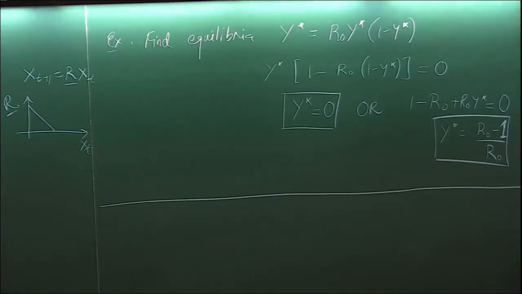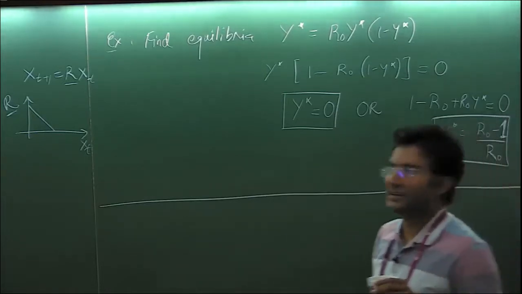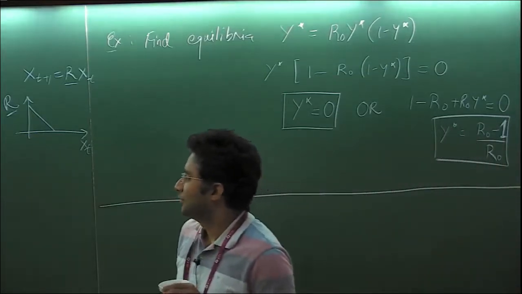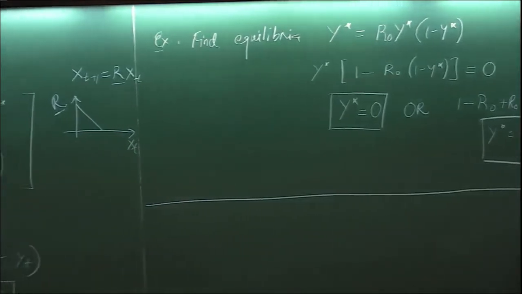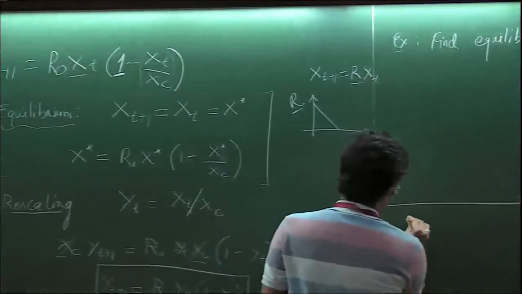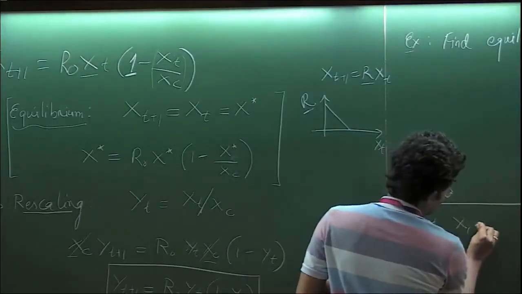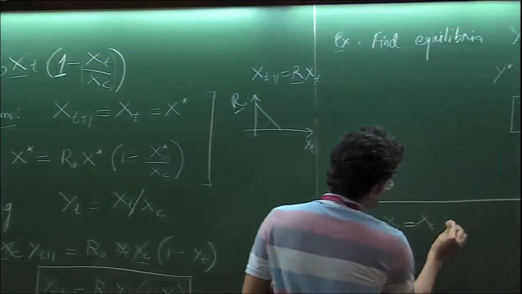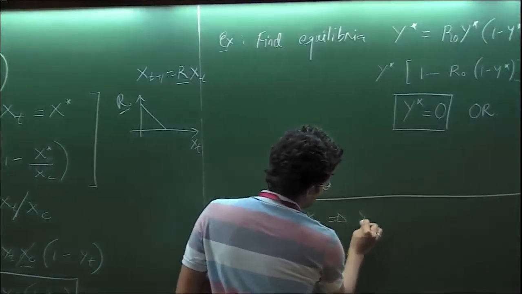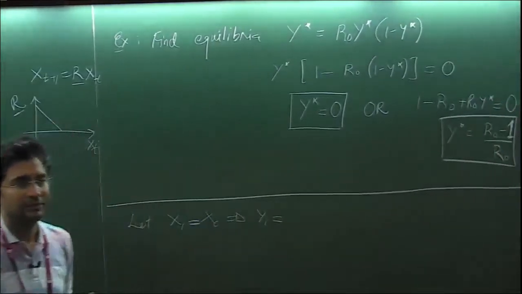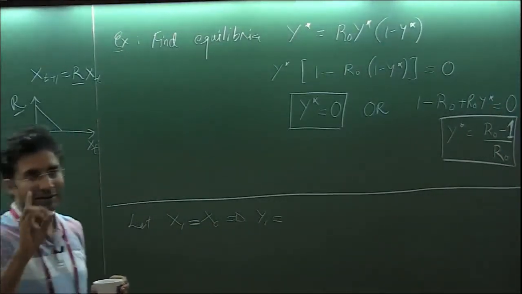What do you think? So in this model, XC doesn't have a very straightforward interpretation. One way to understand it is, if you start the population at XC. For example, let the initial population be equal to XC, which in the rescaled model corresponds to Y1 equal to, what would that be? 1, right?